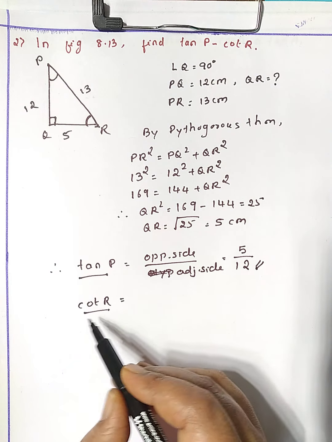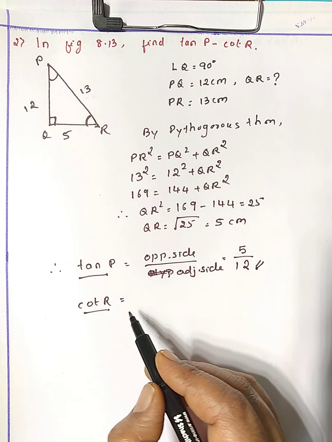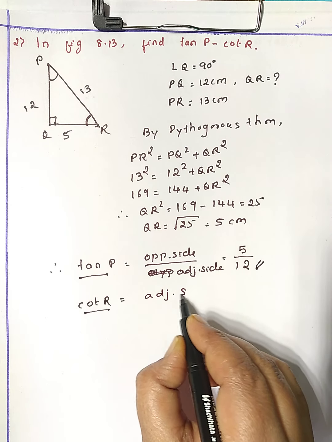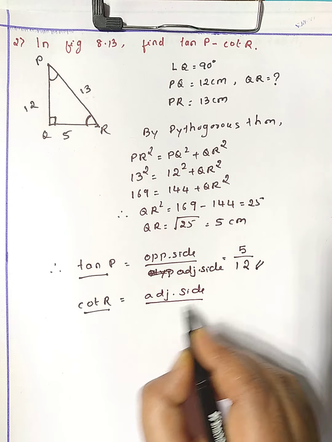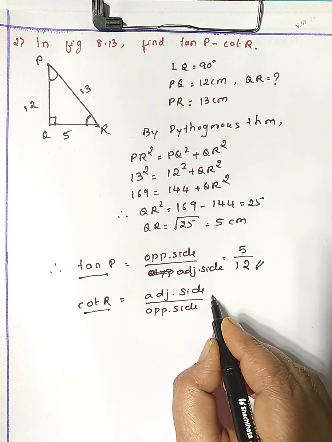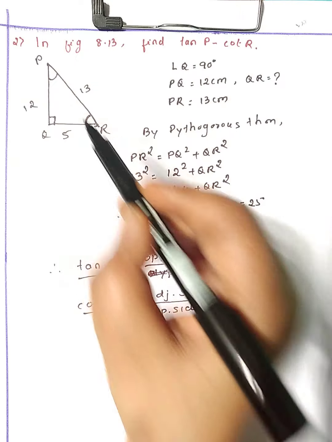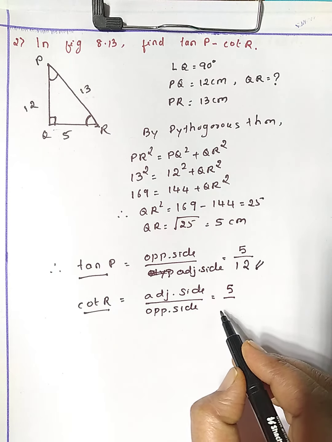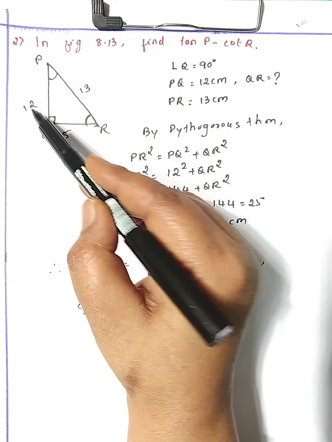For cot R, the ratio is adjacent side upon opposite side. For cot R, adjacent side is 5 and opposite is 12.